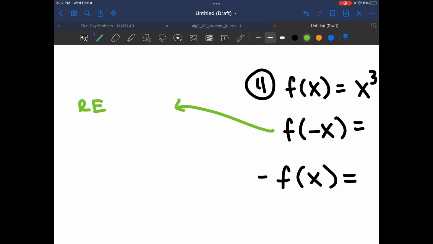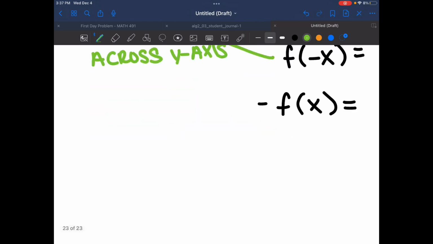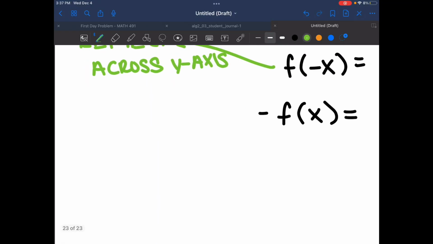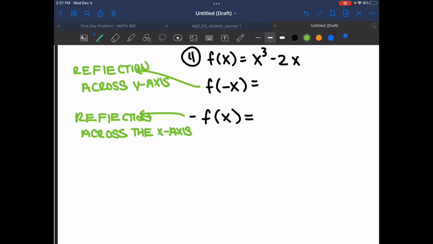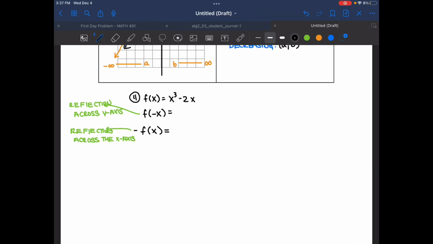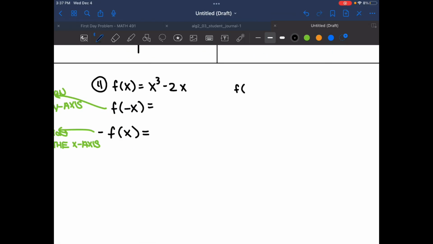This is our function transformation of reflection across the y-axis, and this is a reflection across the x. Okay, so let's find both of those, yeah?